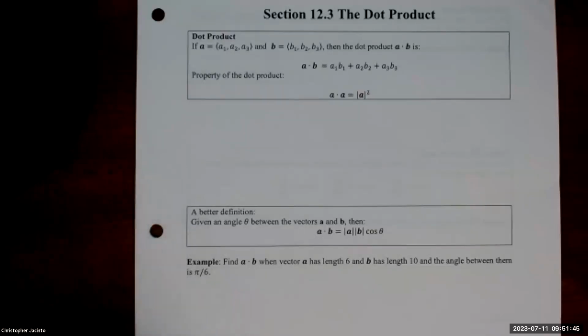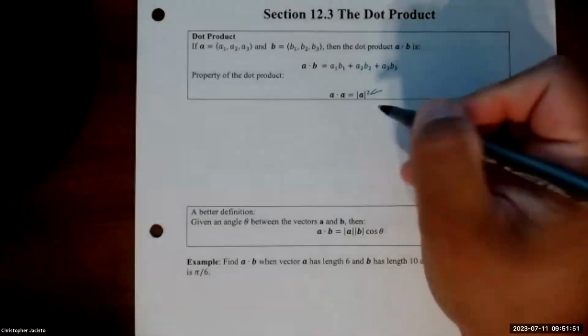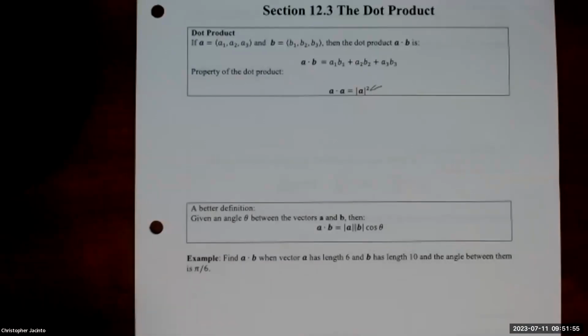Now, one very interesting thing about the dot product is this one right here. The dot product of a vector with itself gives you the length of the vector squared. Remember, if you're squaring it, it gets rid of the square root, so you just get what's inside the square root.